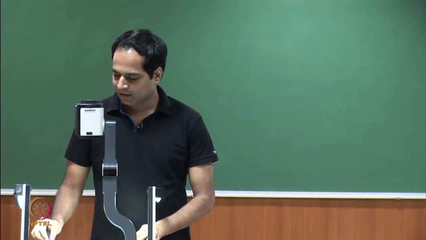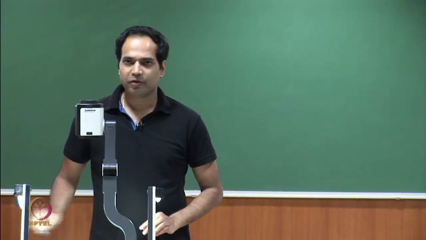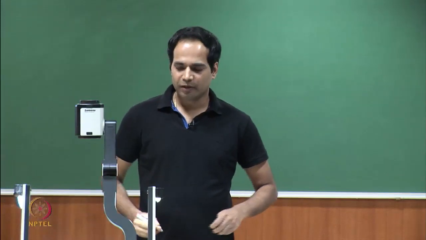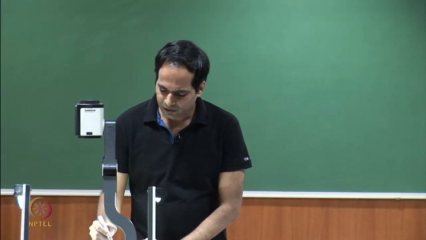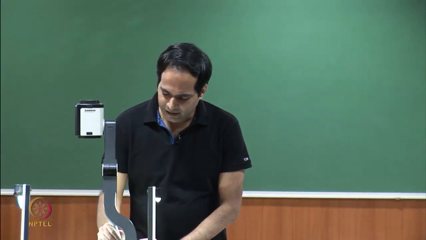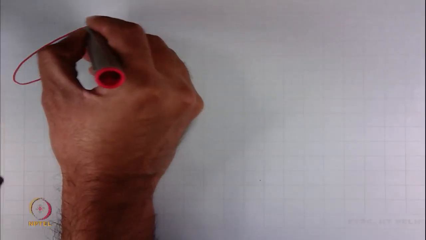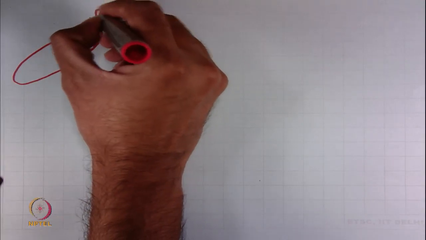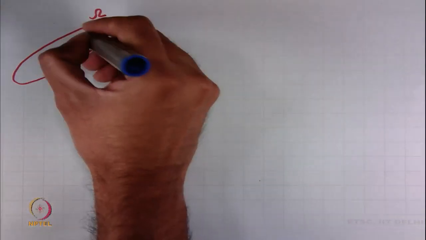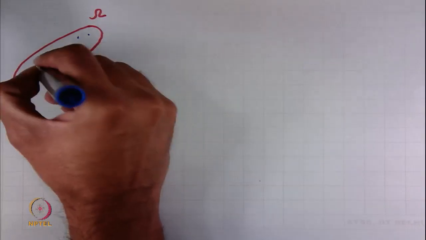So, let us start. Before starting the discussion on random processes, we will revisit what random variables are. In the case of random variables, we have a sample space, which is denoted by this capital omega, and within the sample space you have various outcomes of an experiment.